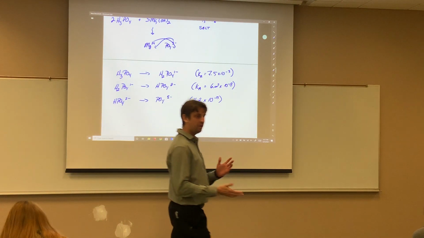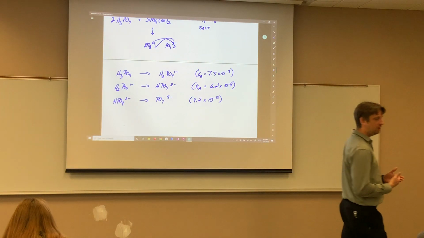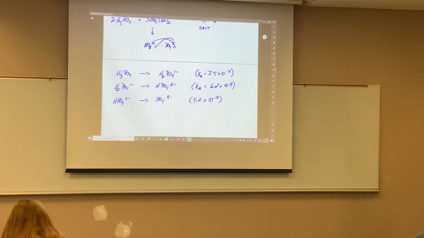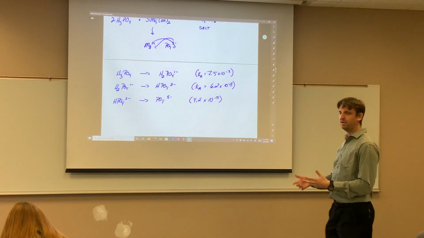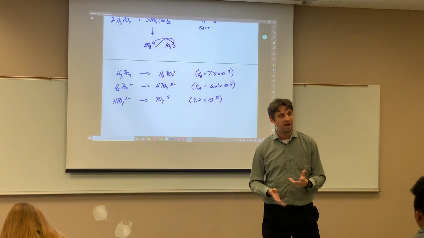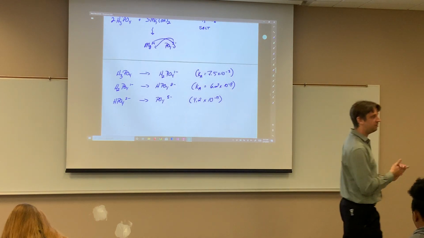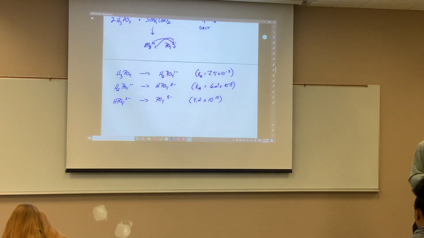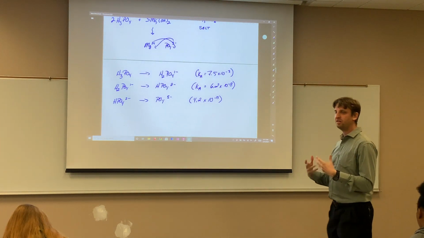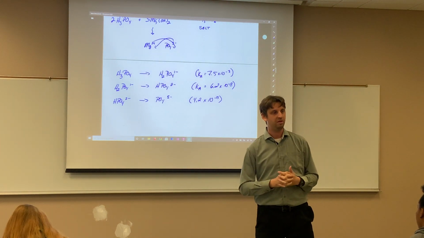Good. So what does this tell us? When you have polyprotic acids, you need to handle each of these acid-base steps individually if we're asking about the Ks and the equilibrium concentrations and that kind of stuff. Each of these has a K dissociation value associated with it, okay?